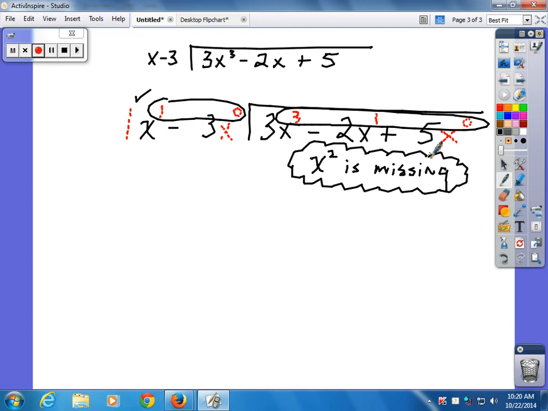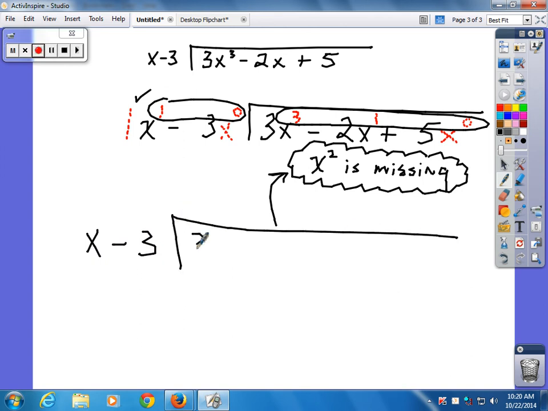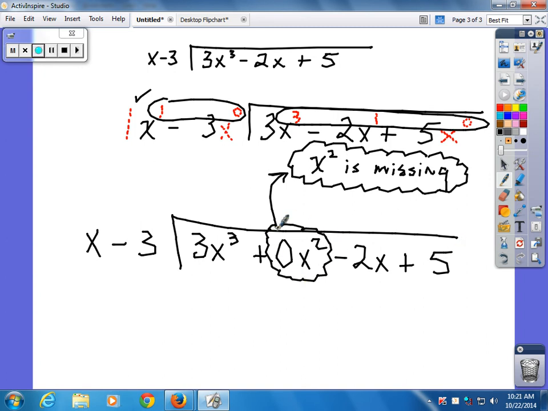So I'm going to rewrite the whole thing, but this time I'm going to put in the missing term. So x minus 3, and then 3x to the third plus 0x squared minus 2x plus 5. And there is where I put that in. Now some people just put a space, and that's fine.